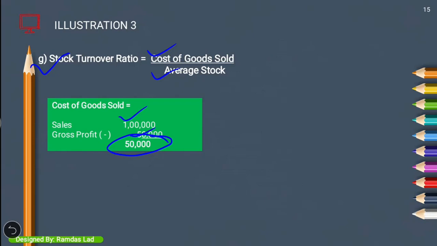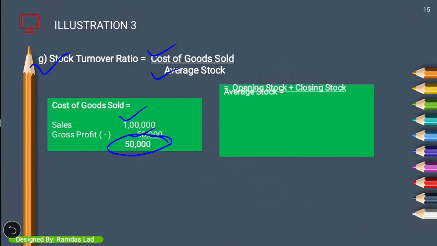Then how to calculate average stock? In the profit and loss account, in the first part, the trading account, opening stock and closing stock are given. So average stock is equal to opening stock plus closing stock divided by 2. So this is the formula to calculate average stock.